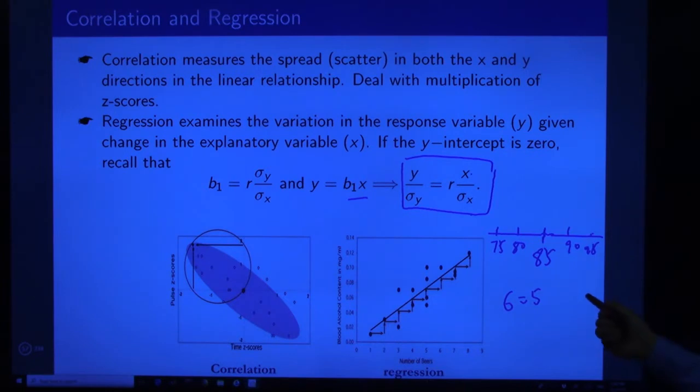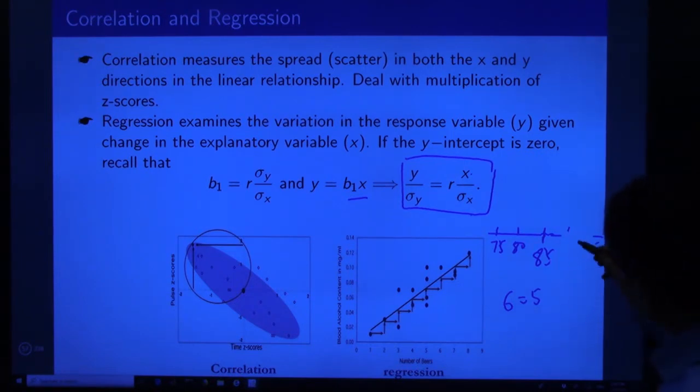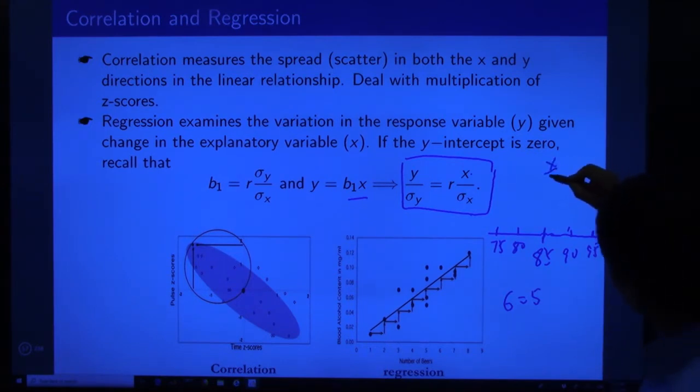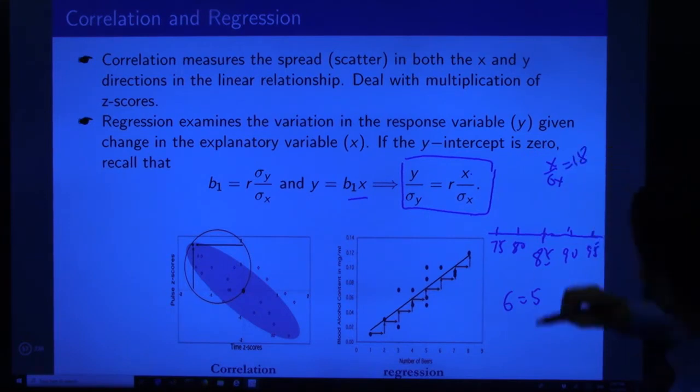But we are going to use this score, not this score. Sorry, the x in terms of the standard deviation. We assume the standard deviation equals 5. So if you get 90, that means your x over standard deviation equals 18.